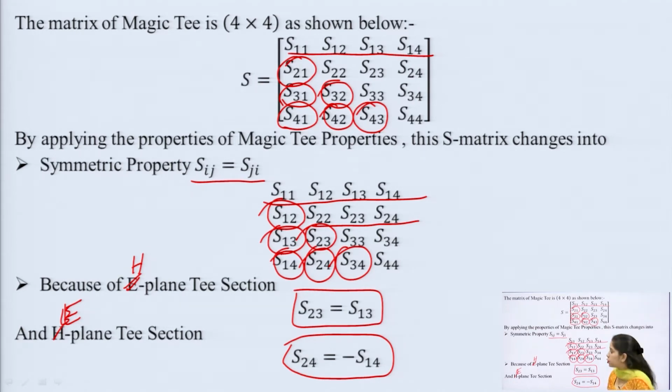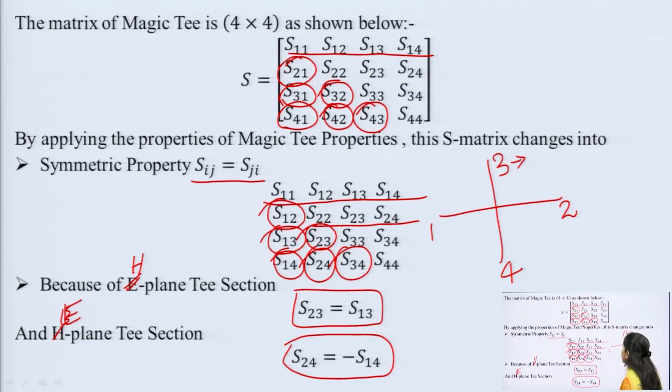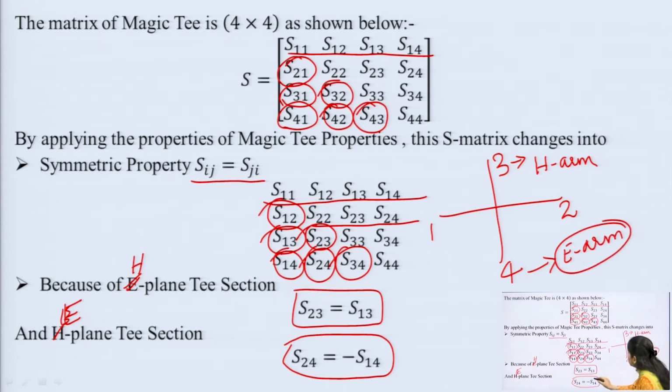So, what we have assumed here, out of the 4 ports, this will be our H arm and this will be the E arm, and in the E arm there is a change in the phase.